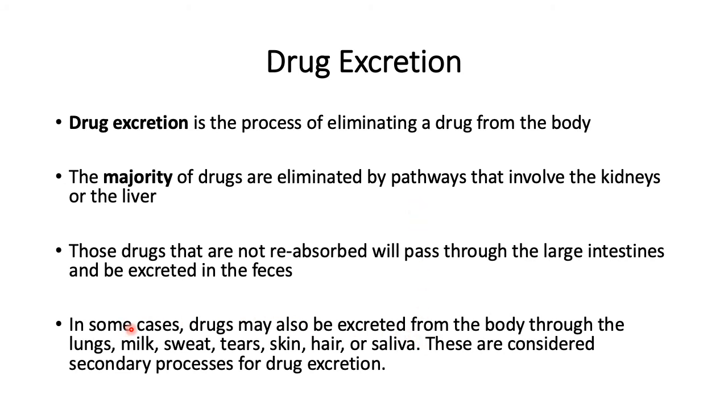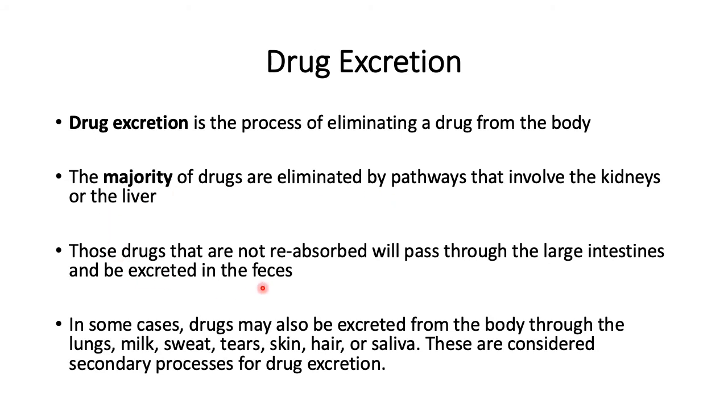Some of those ways are through our lungs, so we can exhale it out, through our sweat, if a female is pregnant, through her milk, tears, skin, hair, or saliva. These are considered secondary processes for drug excretion, while the primary is through the kidneys by the urine.